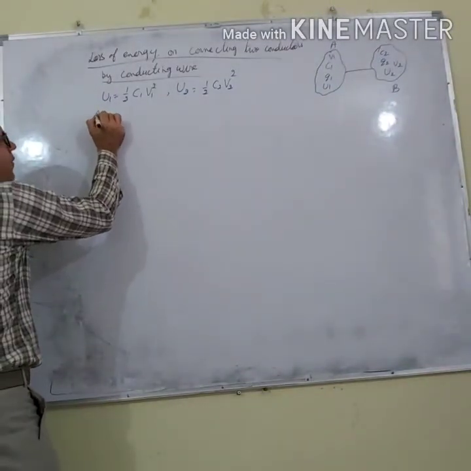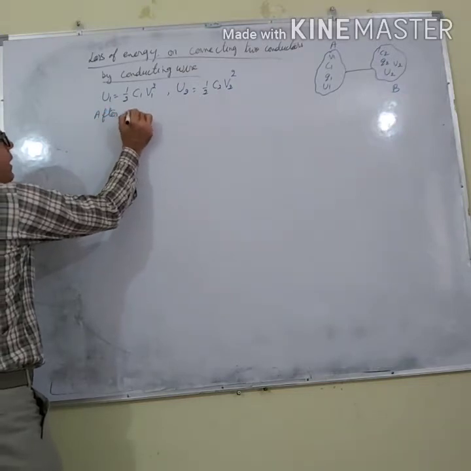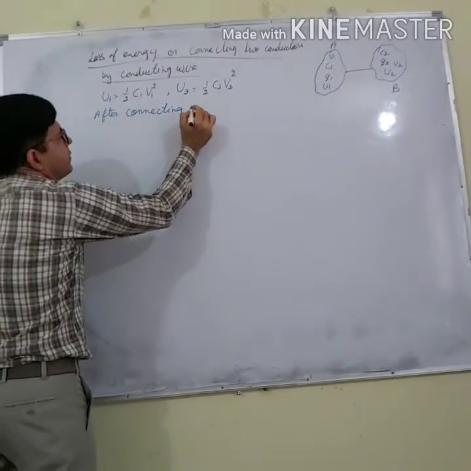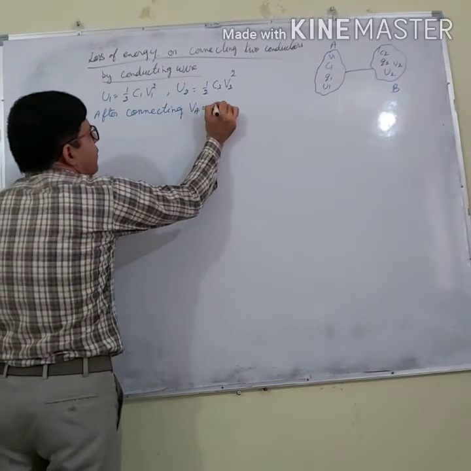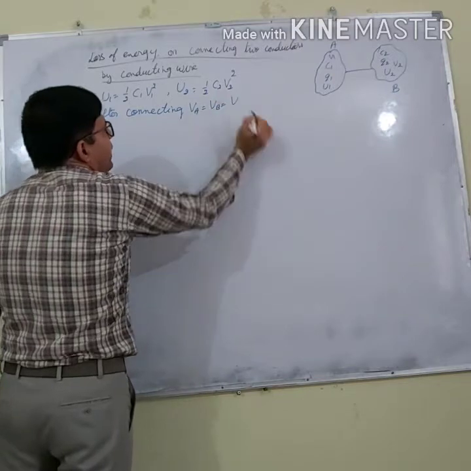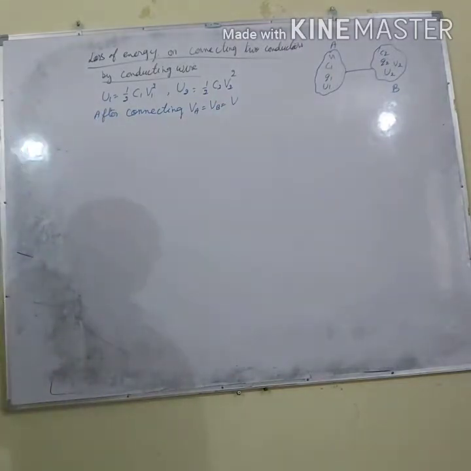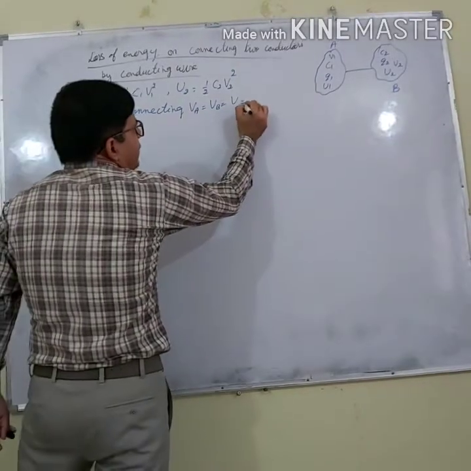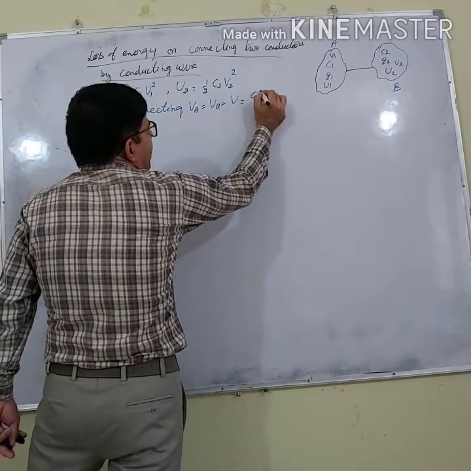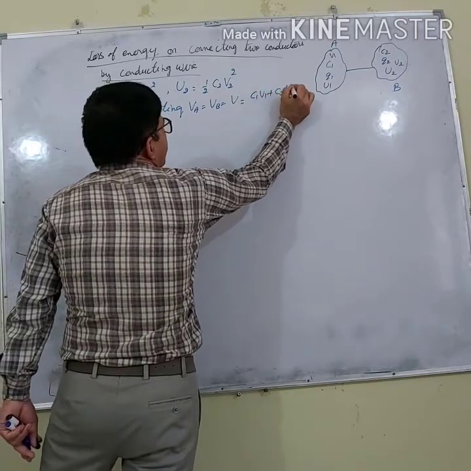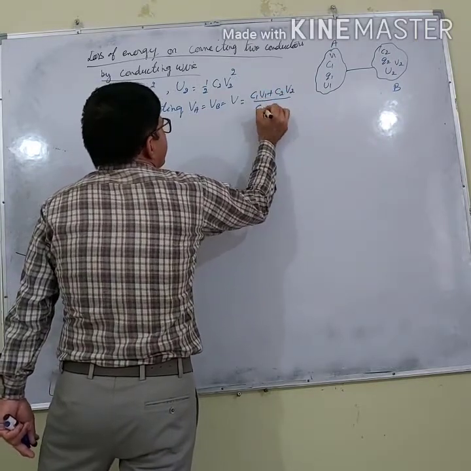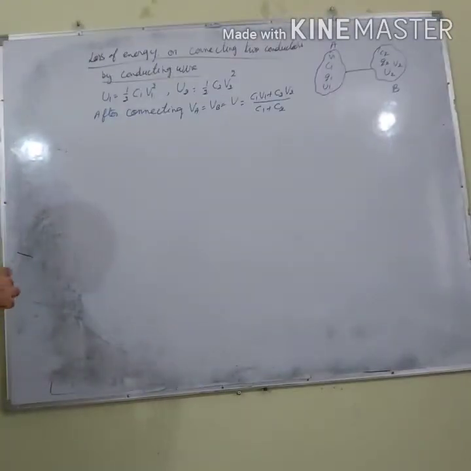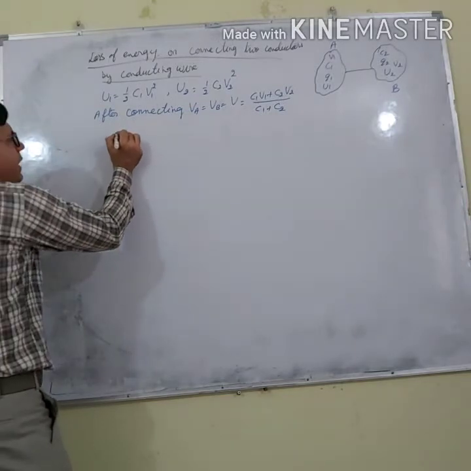Now, after connecting, what happens? The potential of A and B becomes equal to V. So what is V? This V equals C1 V1 plus C2 V2 divided by C1 plus C2. Right? And what is the final potential energy?